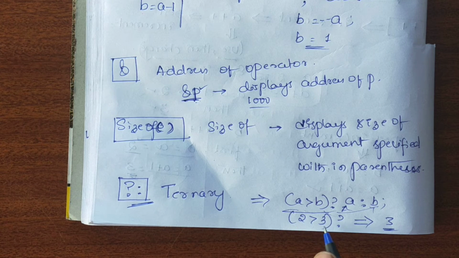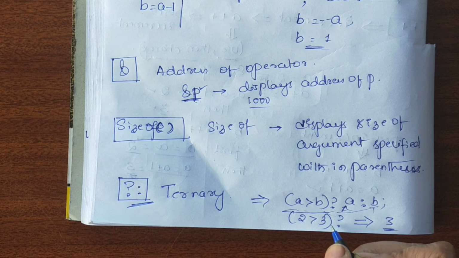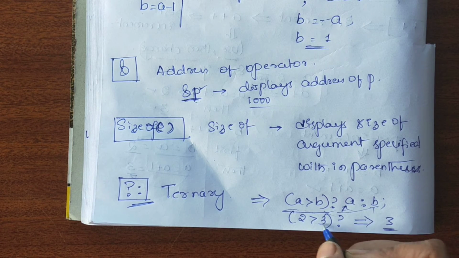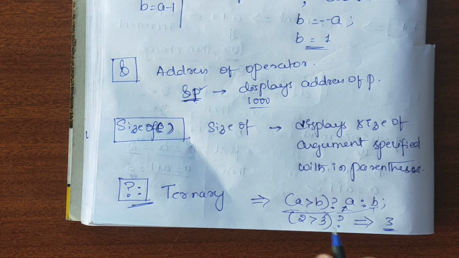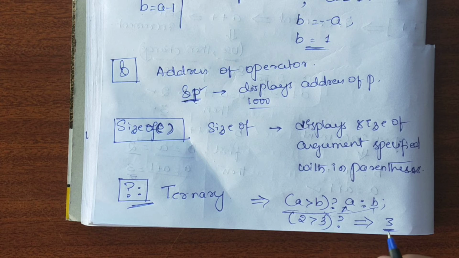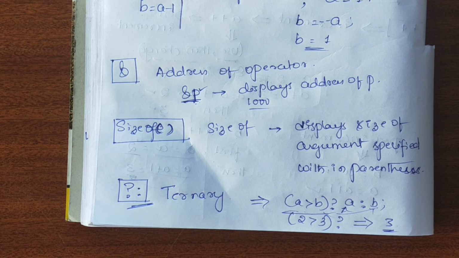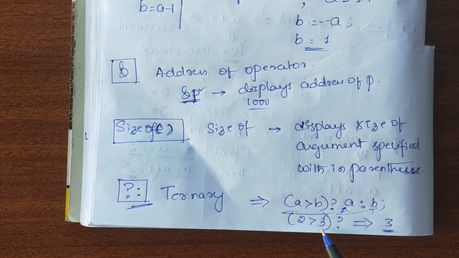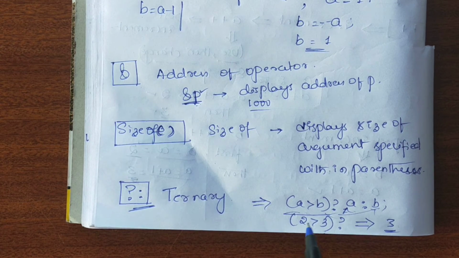If 2 is greater than 3, we print a. If this is false, we print b. That's why for 2 greater than 3, we are going to print 3 as the output. Okay. Suppose 2 less than 3. Yes, the condition is true. That's why we print a value, that is 2. It means if this condition is true, we print a value. If this condition becomes false, we print b value.